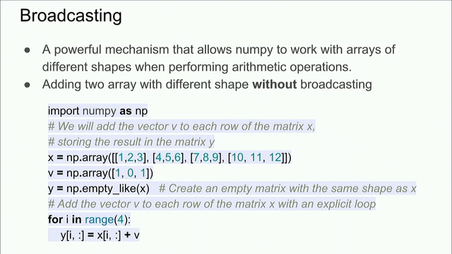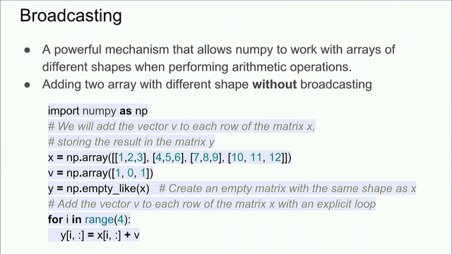As the first example, we want to see without broadcasting, how can we add a vector to each row of a matrix. Here X is a two-dimensional matrix where you have 4 rows. And here V is a 1D vector containing 3 elements.